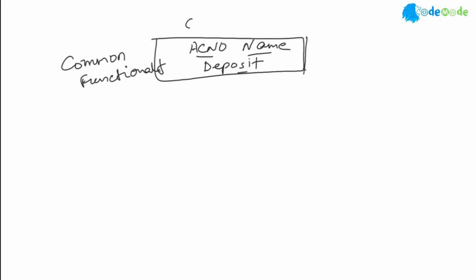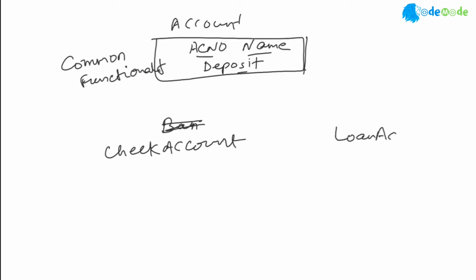I'll just simply call this account, and then I'll create specific accounts. I'll say bank account or checking account. Let's call it checking account, and I'll create a loan account. Now I know that the checking account object also has account number, also has name, and will have functionality deposit. Loan account will have the same thing.